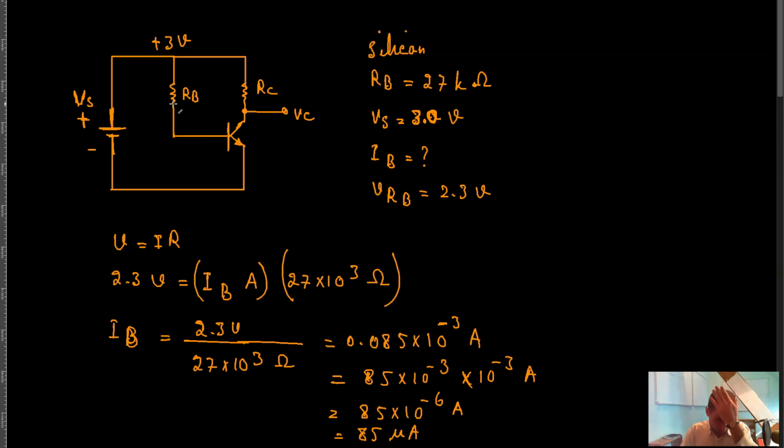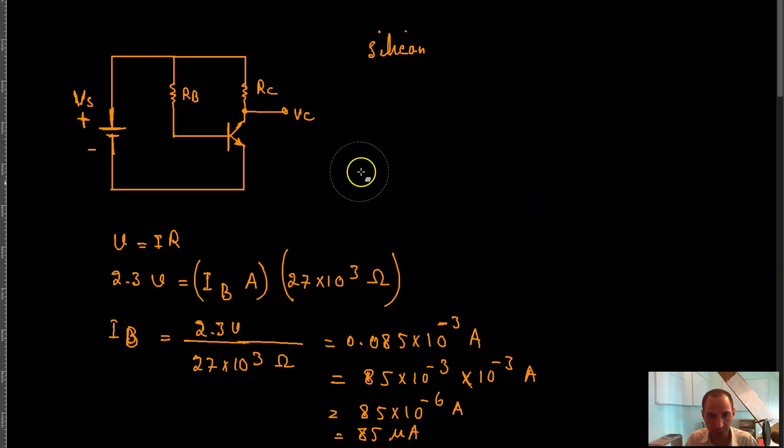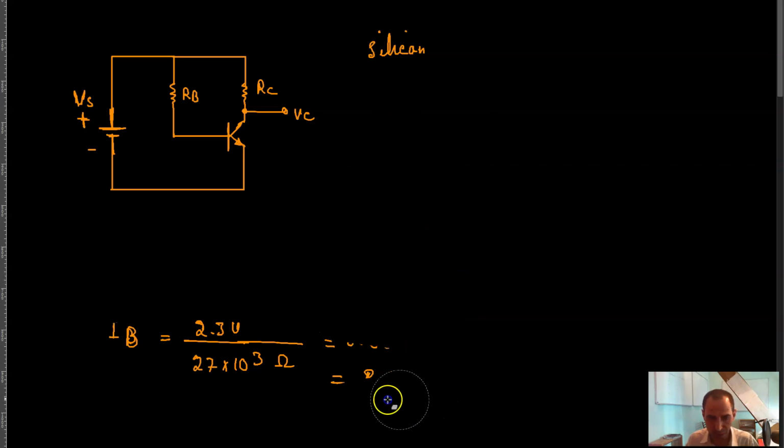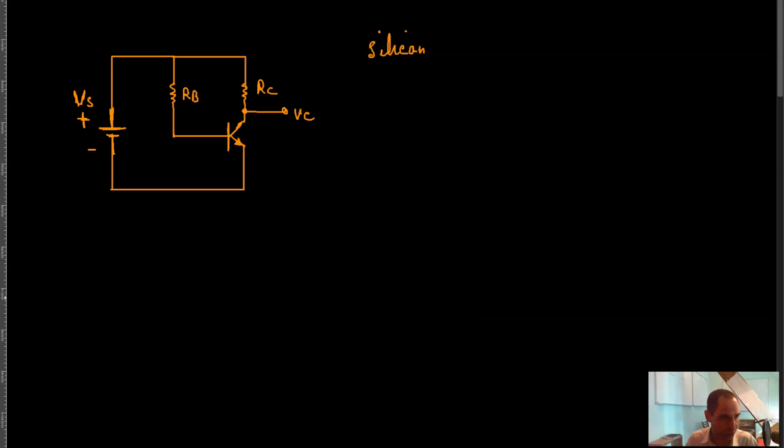Now let's do a couple more of these questions. Okay, so now the same circuit. Suppose that I change the supply voltage a little bit. I keep it as a silicon transistor, and I will change these values a little bit, and let's see what happens to the base current.